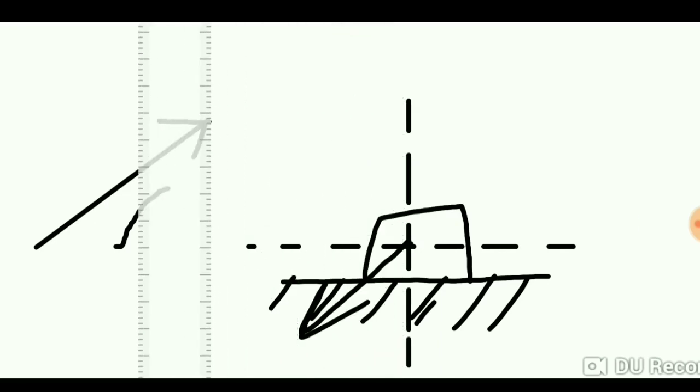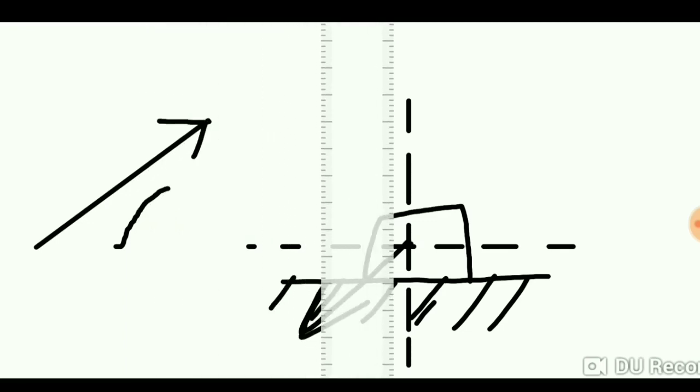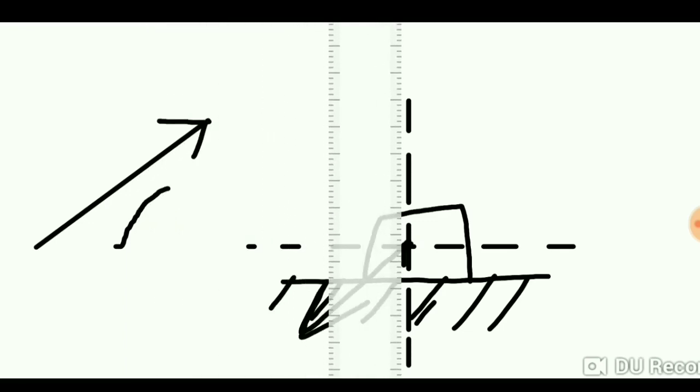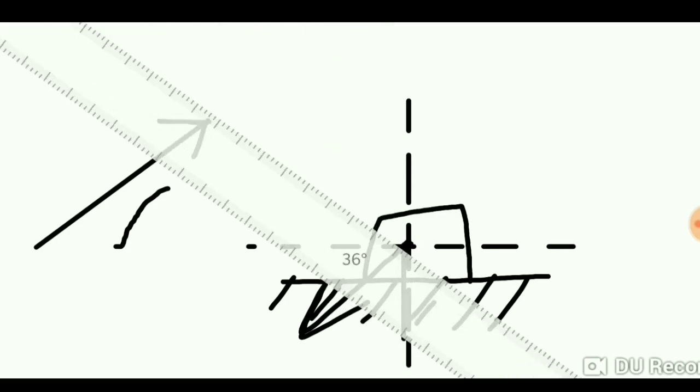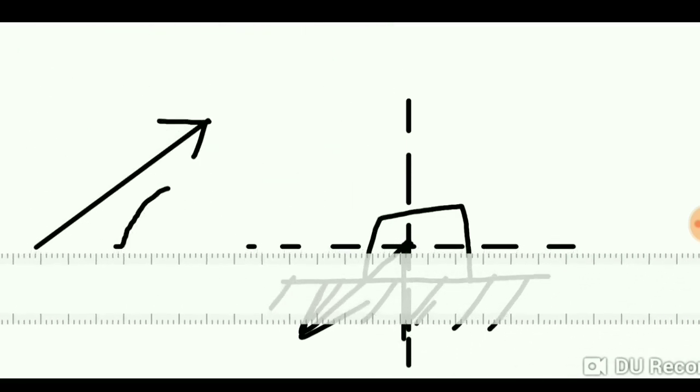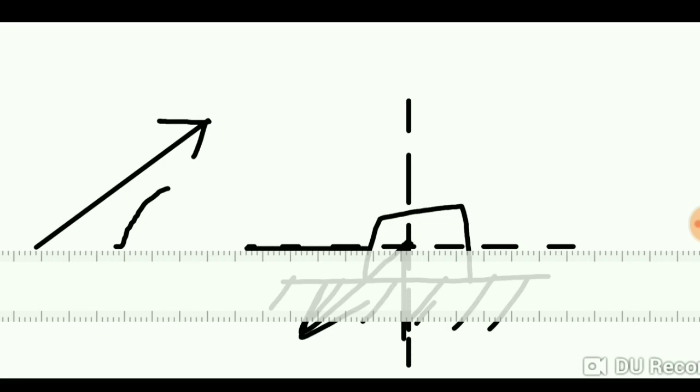Now, as I said, a part of it will be on the wall, and that's called a component, which means a component of the force will be acting on the x-axis, and a component of it will be acting on the y-axis.